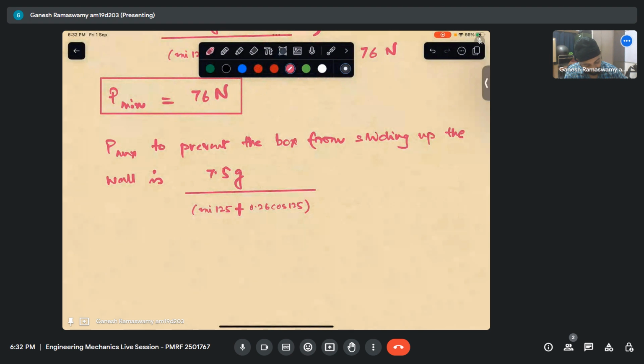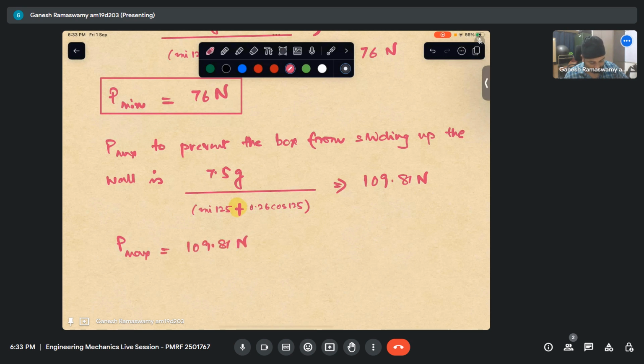Let me highlight this also. So that comes out to be sine 125. This comes out to be 109.881 Newton. So this is my P max.